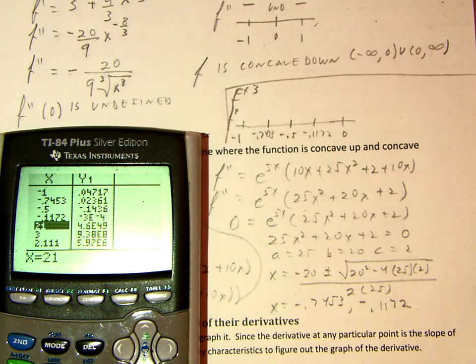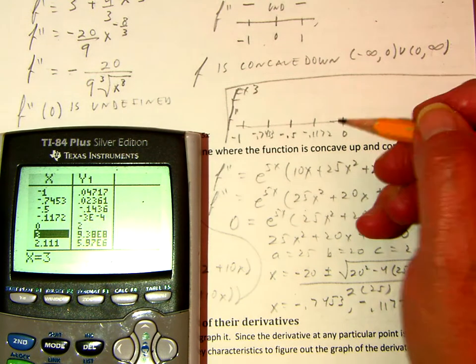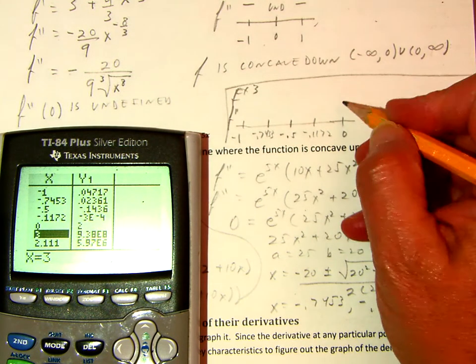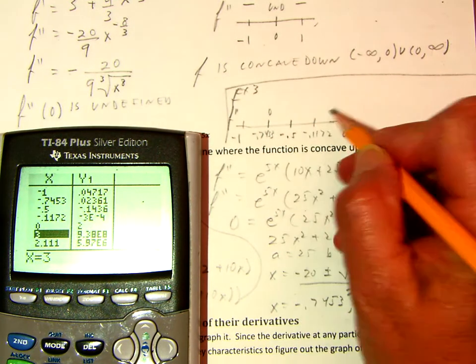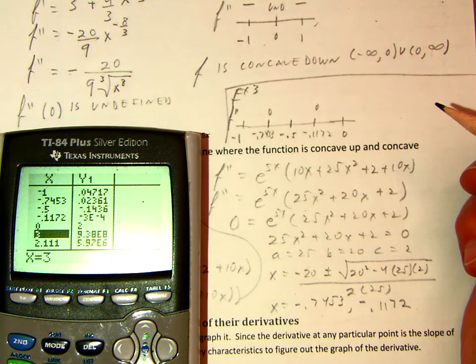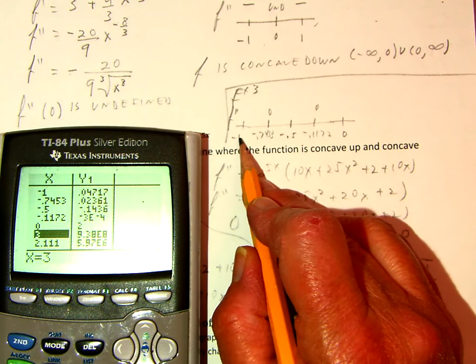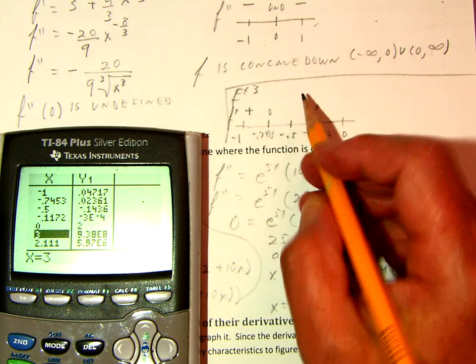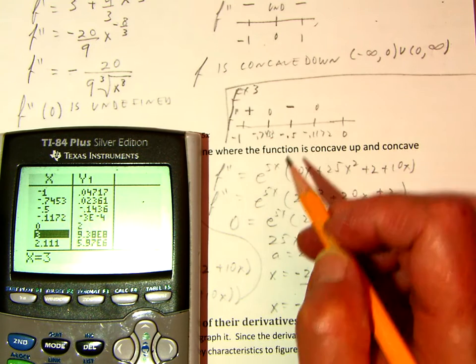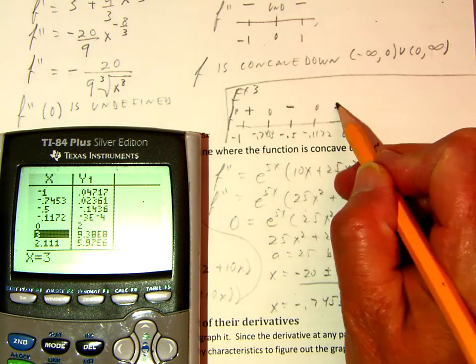And then I wanted to check 0. Okay, so the values we found so far is the second derivative. We expect to be 0 here. At negative 1, we were positive. At negative a half, we were negative. And at 0, we were positive again.